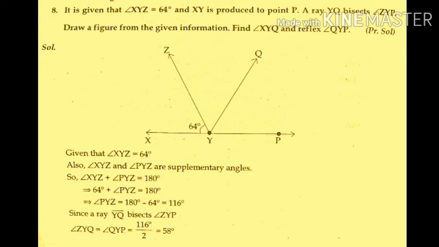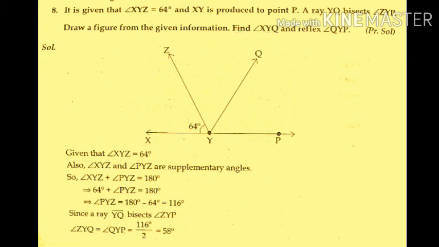Angle PYZ is equal to 180 degree, transposing 64 to the right side of the equation, it becomes minus 64 degree. After subtracting, we get 116 degree. Since a ray YQ bisects angle ZYP.